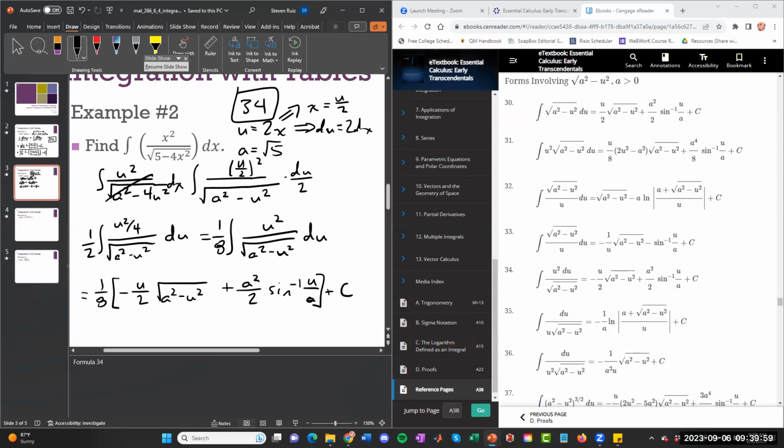Okay, so now we're going to start dropping our values in. What is u? Right. So 1/8 times negative 2x over 2 times the square root of 5 minus 4x squared plus 5/2 inverse sine of, no, not negative, 2x over radical 5.